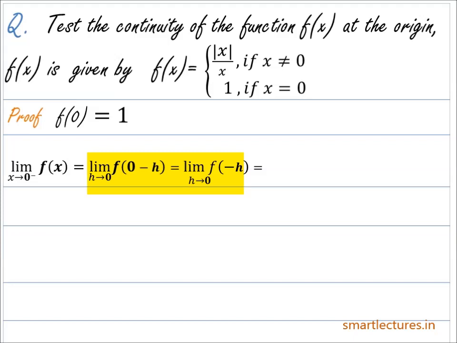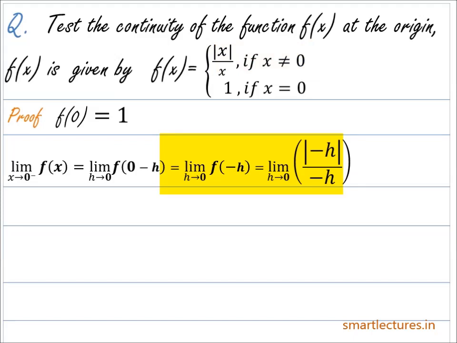And since f of x is equal to modulus x upon x, so the limit h approaches 0 f of minus h is equal to limit h approaches 0 modulus of minus h upon minus h.